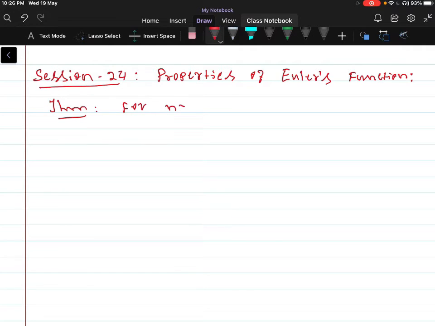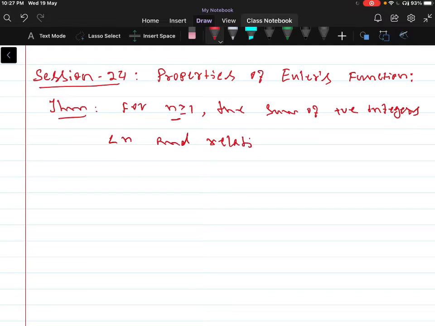For any n greater than or equal to 1, where n is a positive integer, the sum of positive integers less than n, and these integers relatively prime to n, is 1 by 2 into n into pi of n.